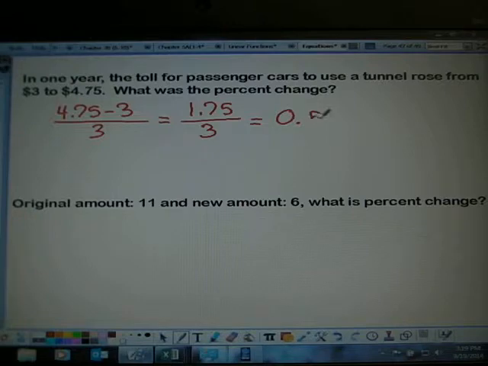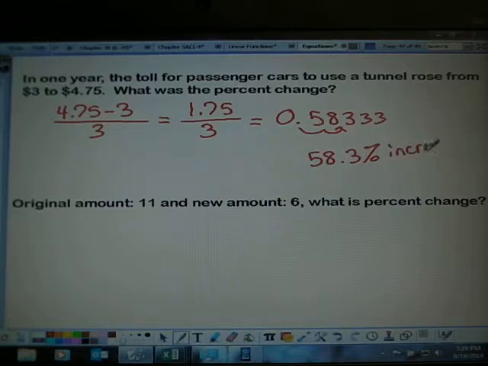Divide those numbers. And then don't forget to move that decimal 2 places. So it's about 58.3%. They didn't tell me to round it to the nearest percent, so it is kind of good to show that decimal. Again, was that an increase or a decrease? The price went up, so it's an increase.